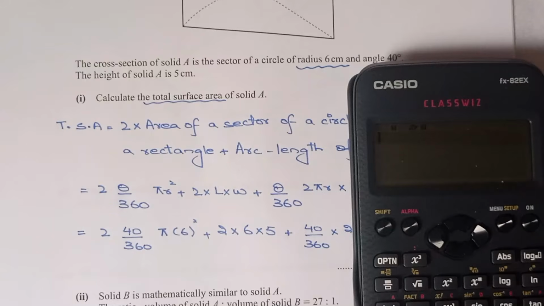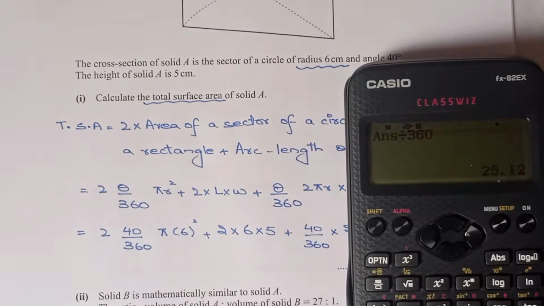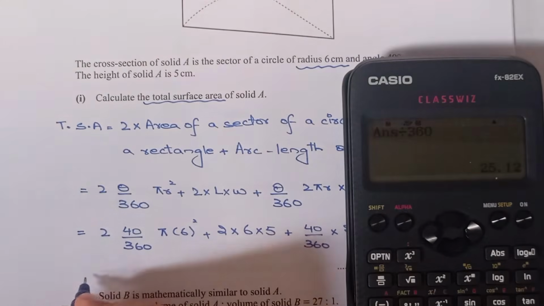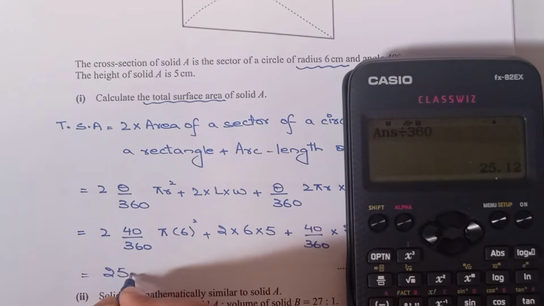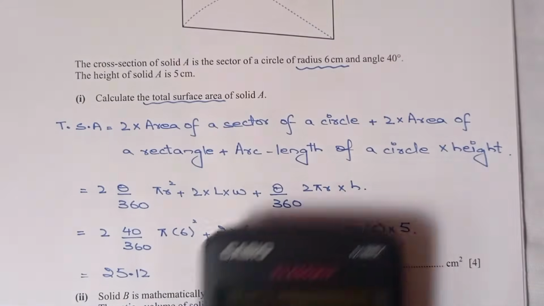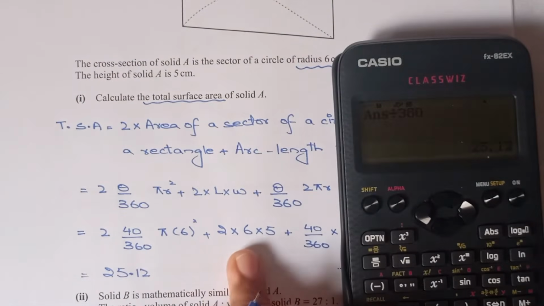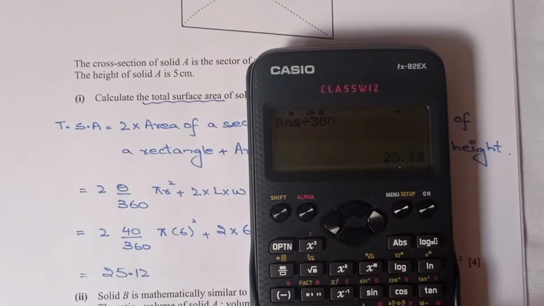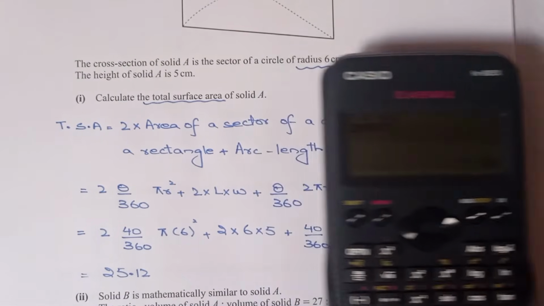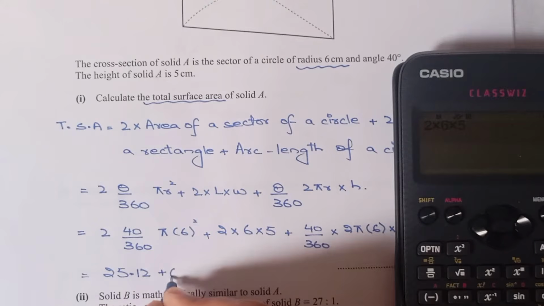So we have 2 times 40 times 3.14 times 6 times 6 divided by 360, which is 25.12. Now for the second expression, 2 times 6 times 5, this would be 60.